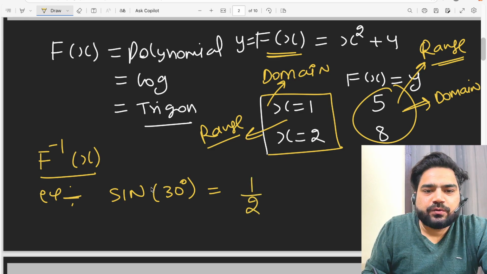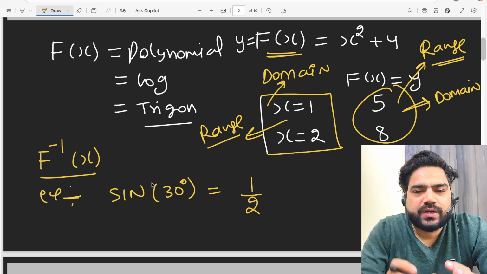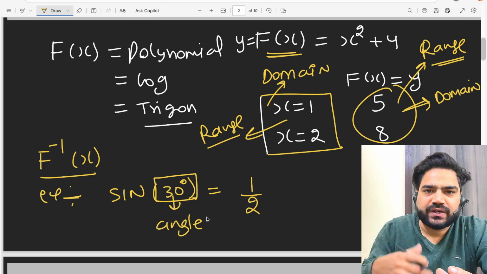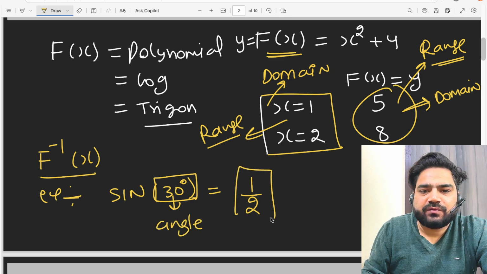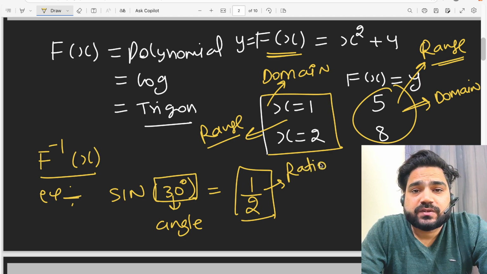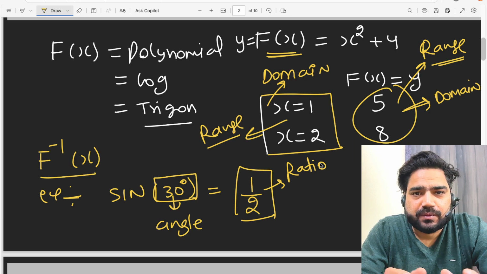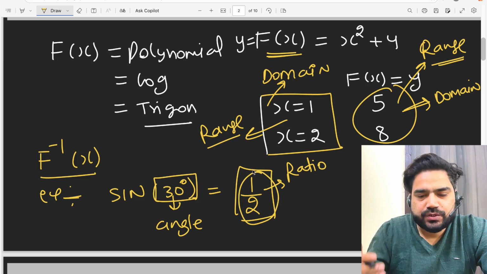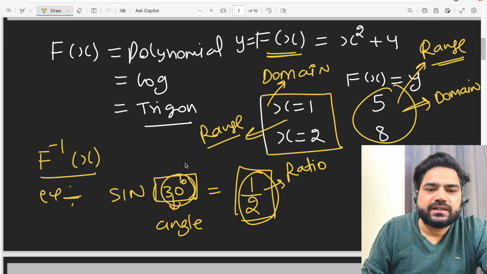Now if we do the reverse of this process, in this function we are putting the value of the angle, this is our input, and we are getting a value, you can say a ratio, this is our output. But in the inverse function, the function will be the same, but we will put this ratio as our input, and we will get this 30 degrees as our output.